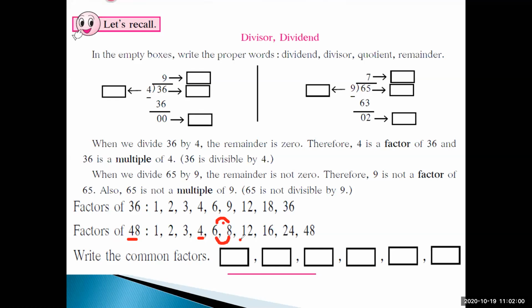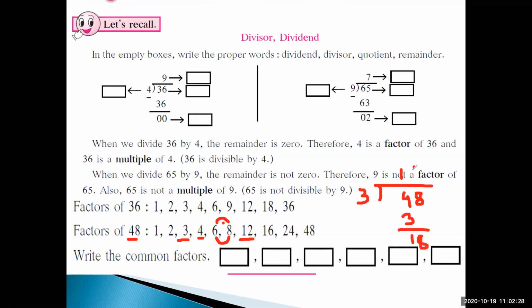So after 8 we will write this 12 answer. Then we will divide 48 by 3. For example, if we divide 48 by 3, 3 1s are 3. Here 1 will come and then we'll take 8 down.